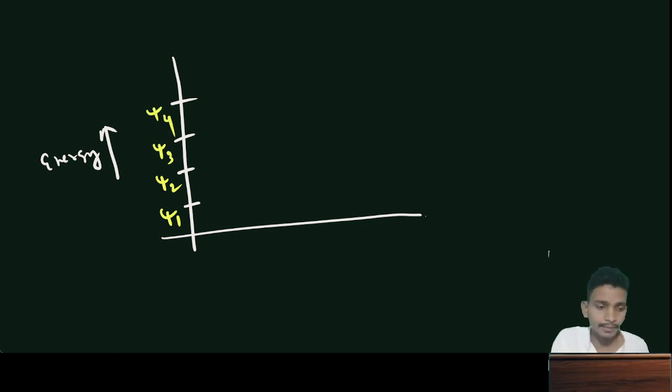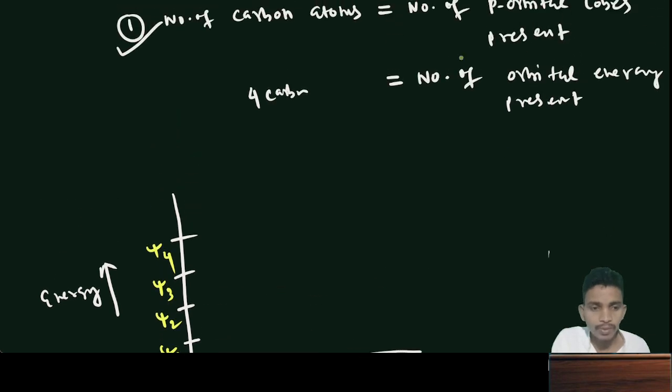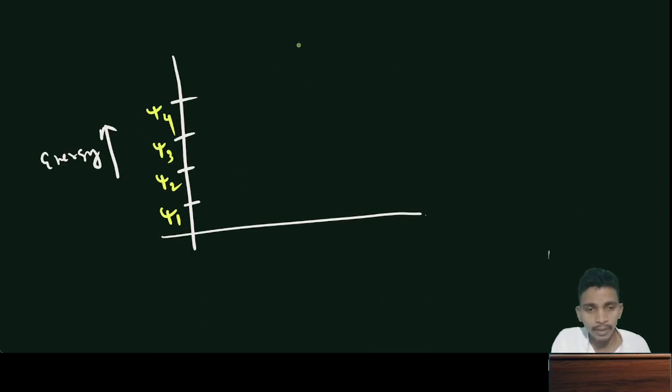Now the number of p orbital lobes is also 4, so I will make 4 p orbital lobes at each level, numbered 1, 2, 3, and 4.